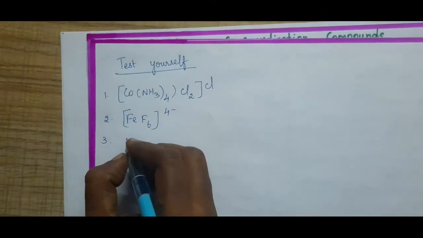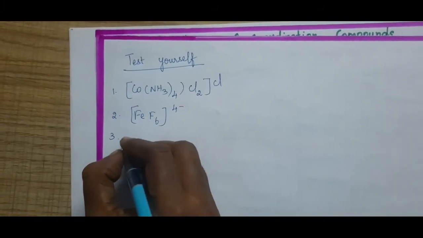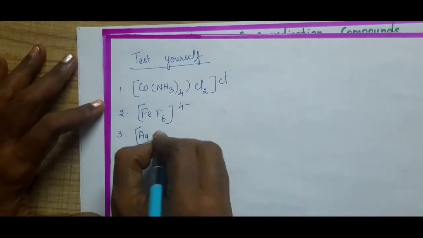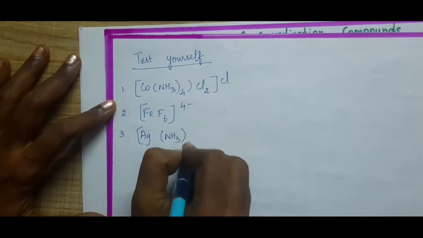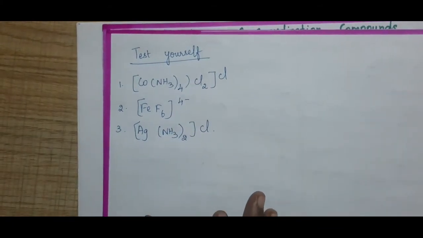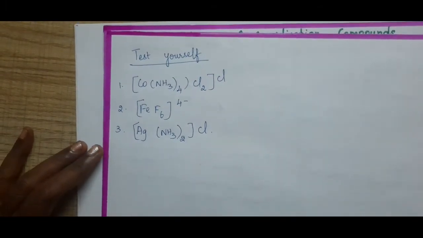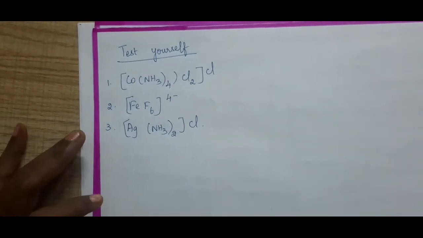You just try to find out the answers for these. So only 3 questions I have given you. Write the IUPAC names of all the 3 questions in the comment box. I am expecting your answers.